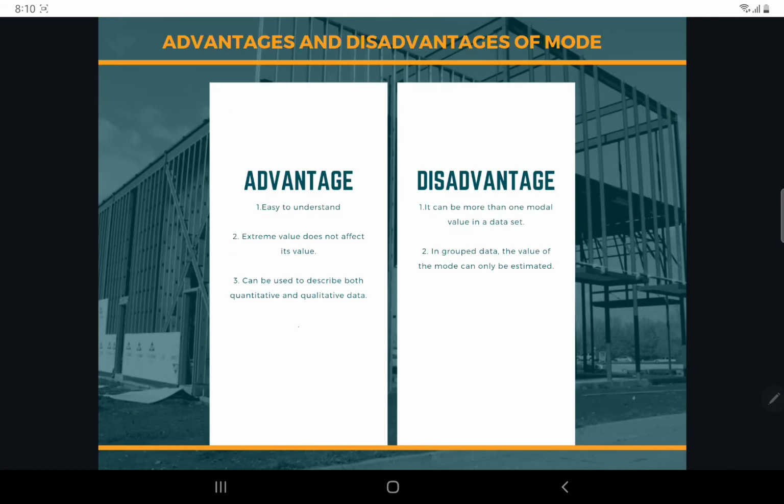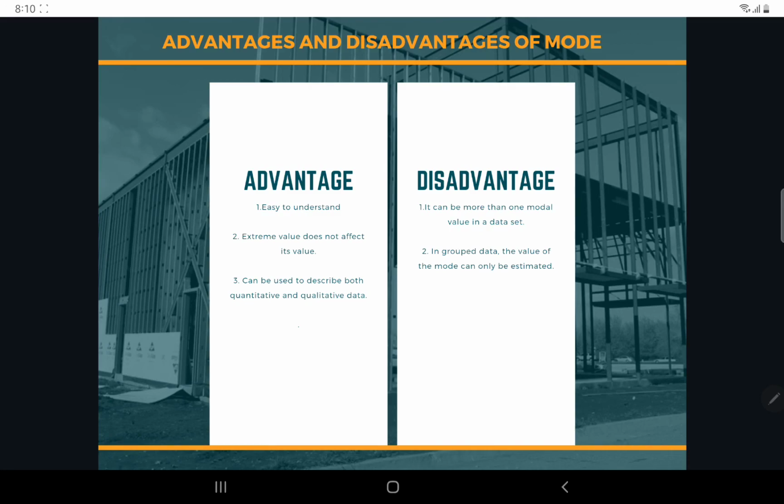Okay, these are the advantage and disadvantage of mode. The advantage of mode is it is easy to understand, extreme values do not affect its value, and it can be used to describe both quantitative and qualitative data. But the disadvantage of the mode is there can be more than one mode value in the data set, meaning that we can obtain more than one answer for the value of mode.